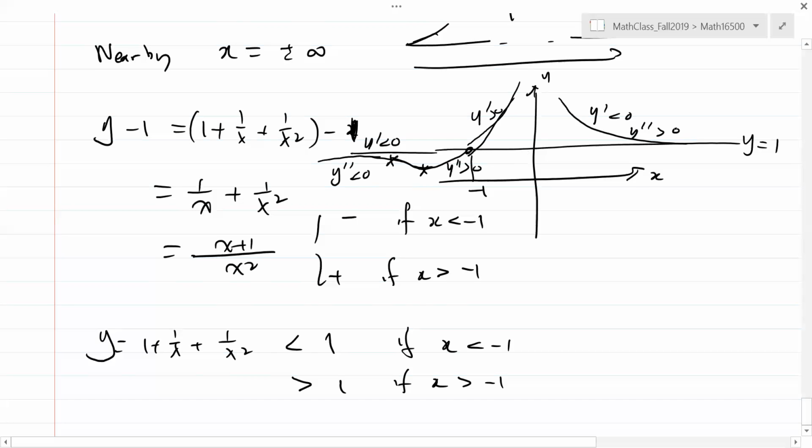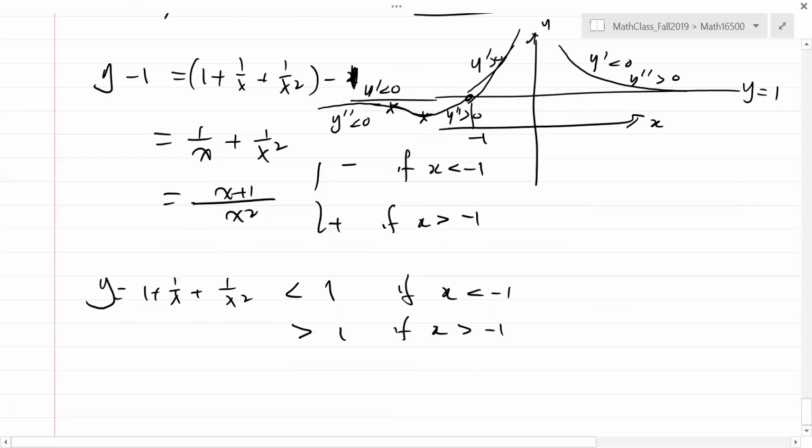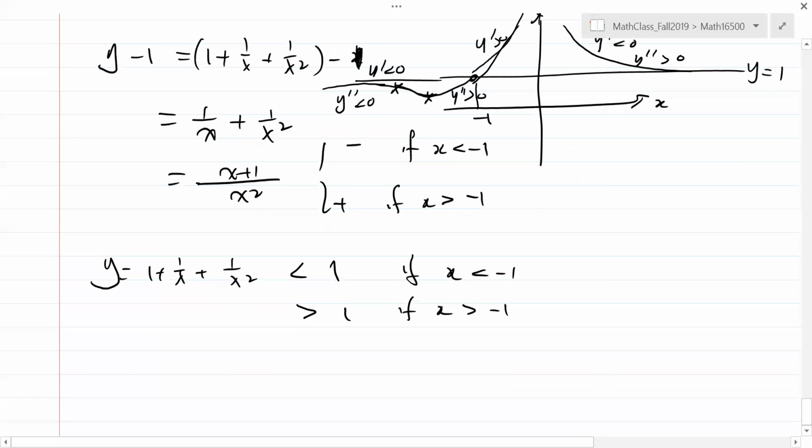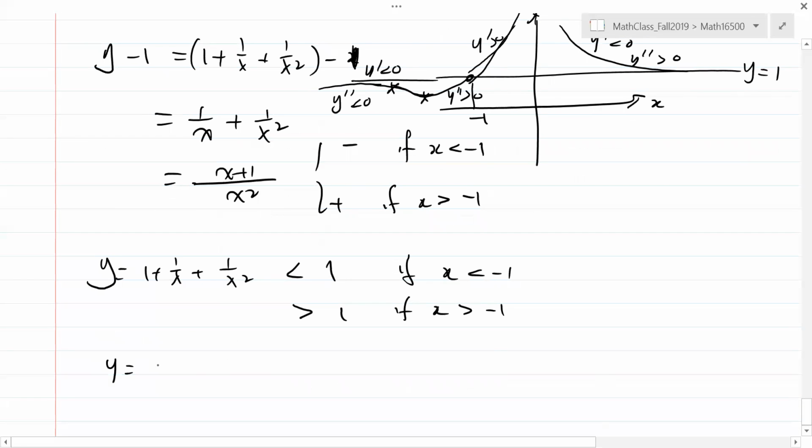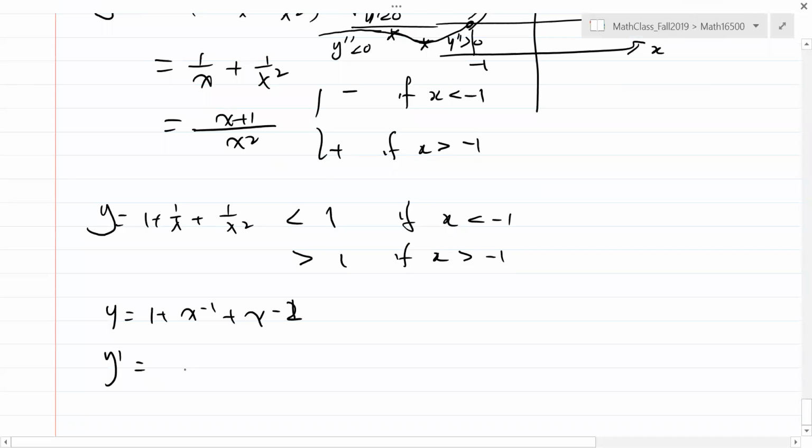I just needed to use a derivative to determine the absolute minimum point and also the inflection point. So let's find the derivative.